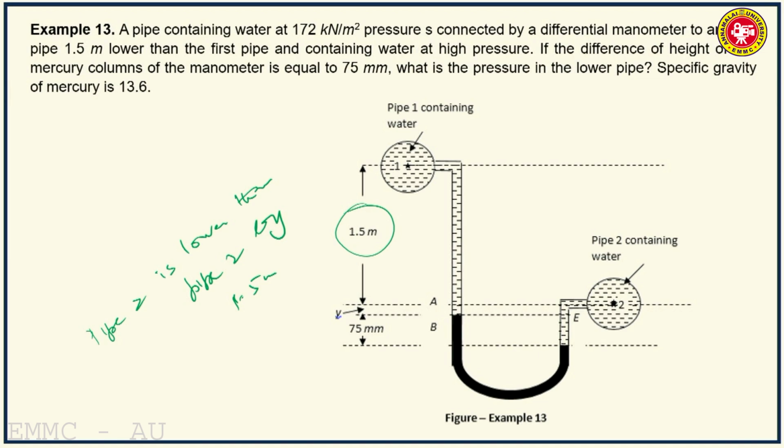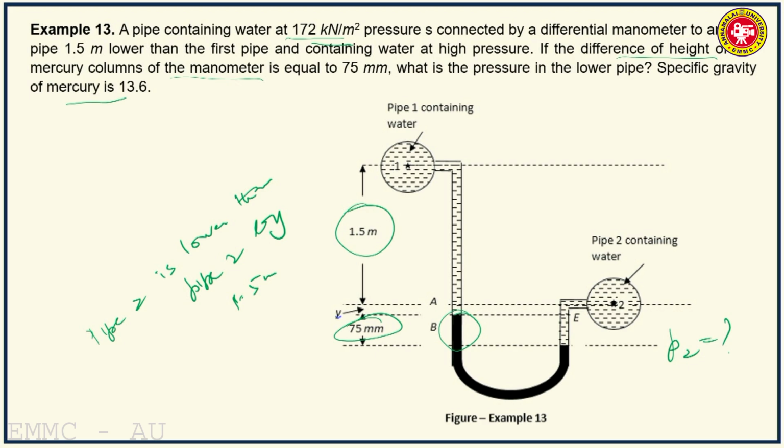So, here the pressure is given in pipe 1, 172 kilonewton per meter square. The difference of height of two mercury columns of the manometer is equal to 75 millimeters. So, mercury is the manometric liquid, the difference is 75 millimeters, this is 75 millimeters. What is the pressure in the lower pipe? So, P2 is equal to how much?